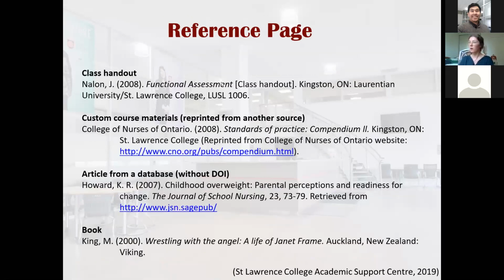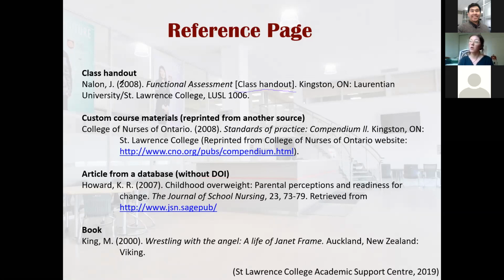Okay, so now we have a couple more. So another one could be a class handout. That's something that you might actually receive a lot in your classes. So if you want to include a class handout in your references, you want to make sure that you actually include that it is a handout, okay? So right here, see in brackets, it has that.